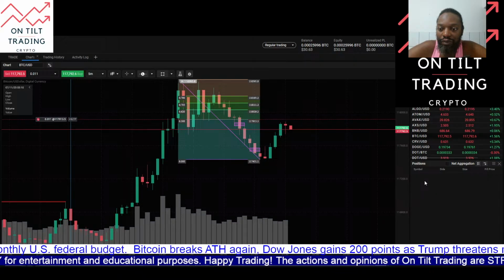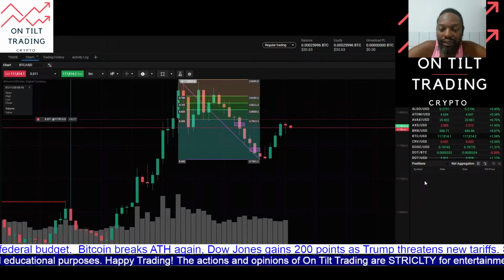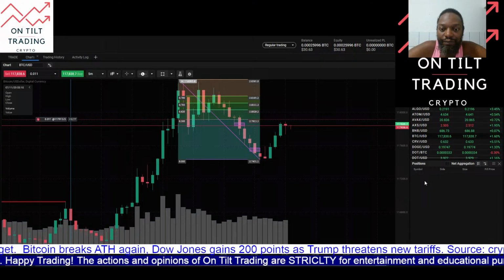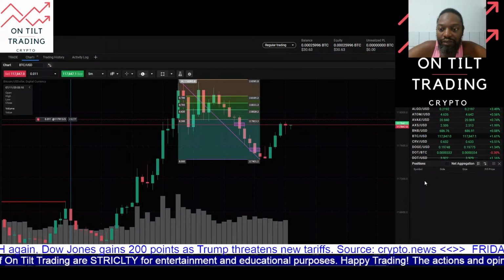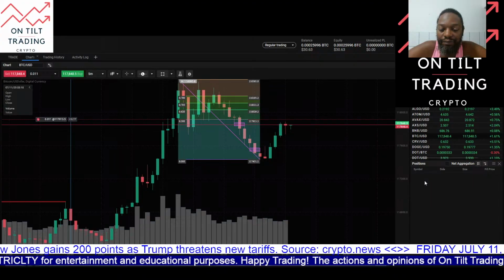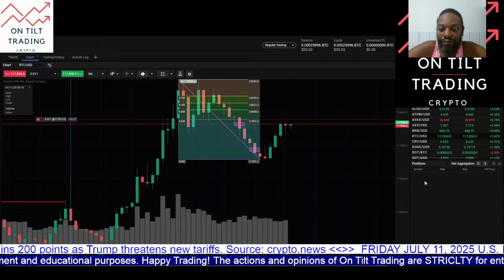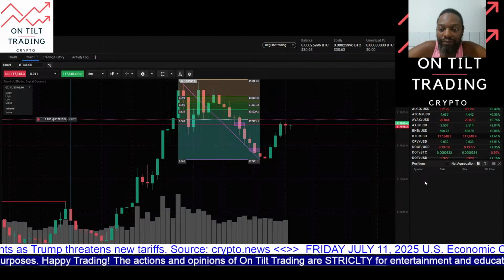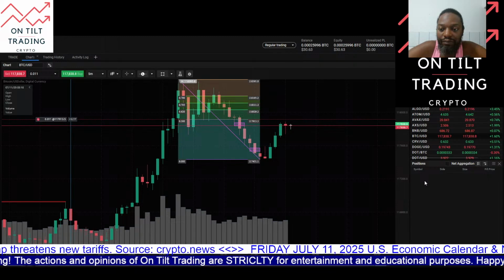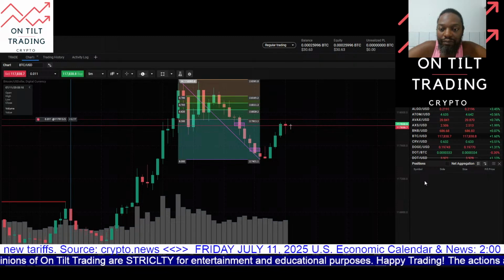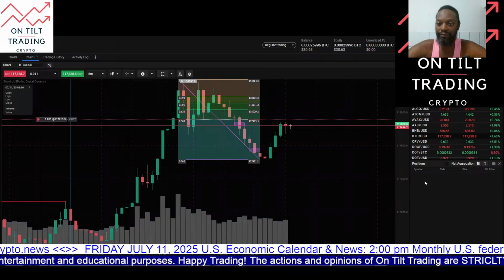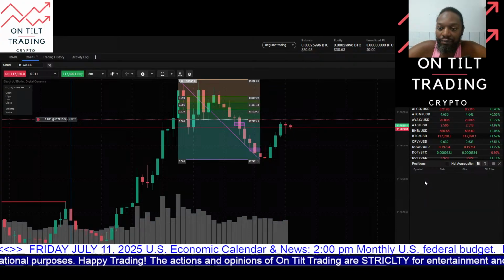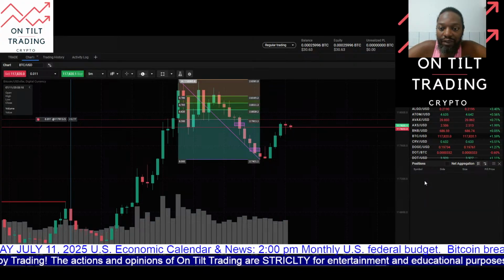Price trading at the 117,800 level and consolidating here. Now getting buy side delivery. 117,850. Price consolidating. 117,820.